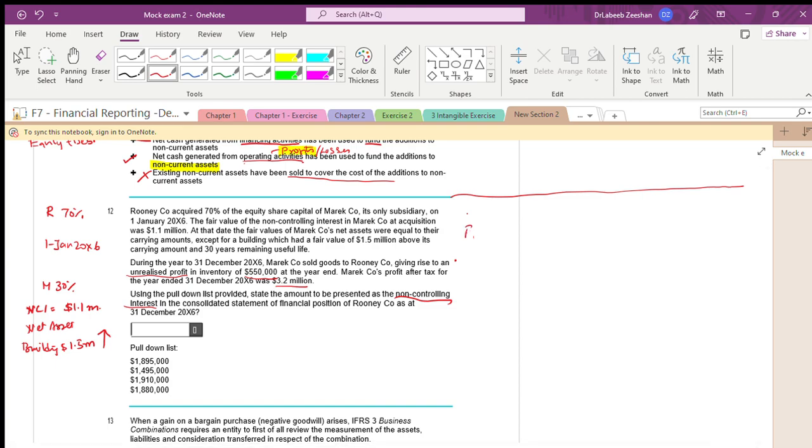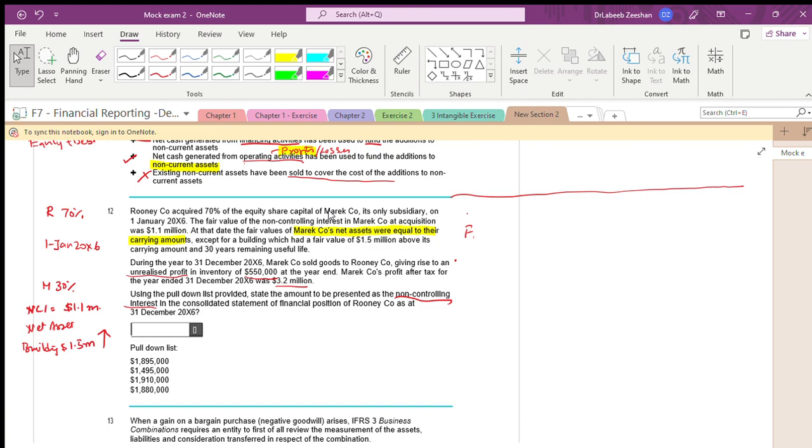First we need to calculate the net assets of the subsidiary. At that date, the fair value of Merck's net assets were equal to the carrying amount. The difference is only with respect to the 1.5 million buildings.